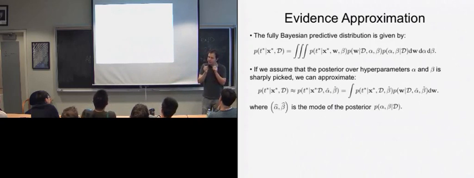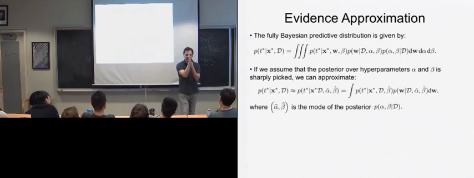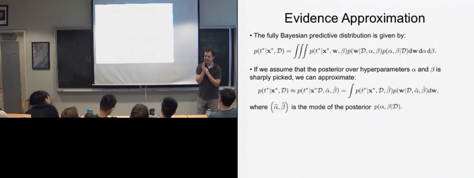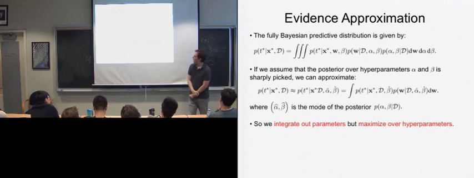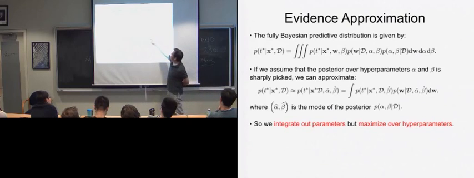There are two things going on. If the mode of the posterior distribution is sharply peaked, then that would be a good approximation. If the mode of the posterior distribution is not peaked, sort of broad, that has some width to it, then that wouldn't be a good approximation. But the idea behind this particular framework is that we're going to integrate out all the parameters of the model, but we're going to maximize over all the hyperparameters.